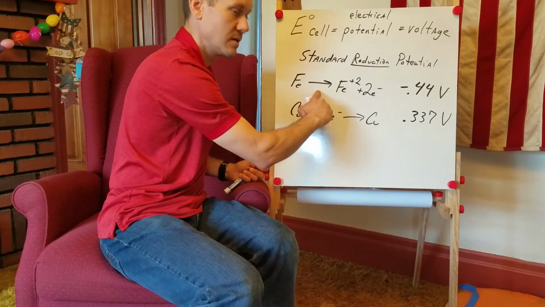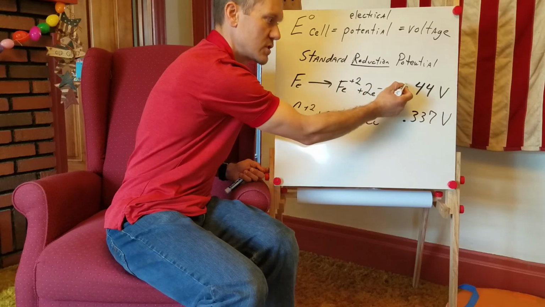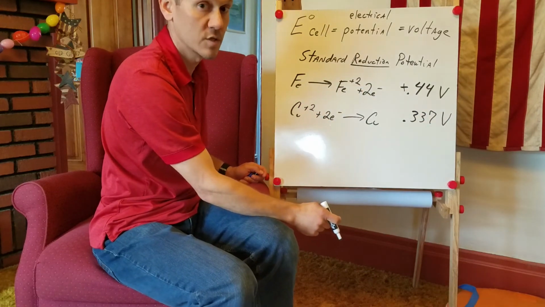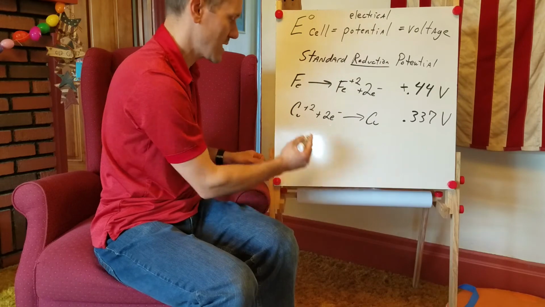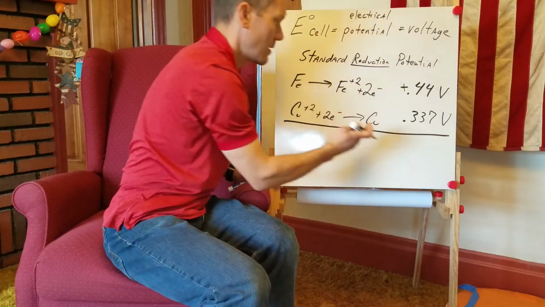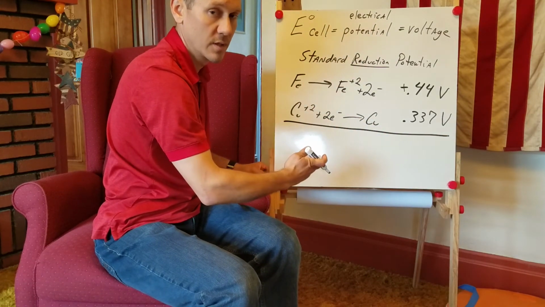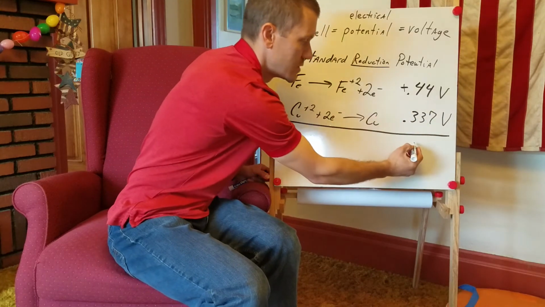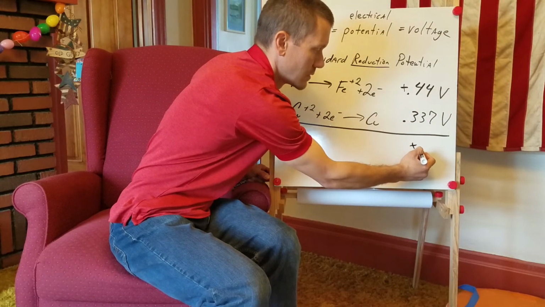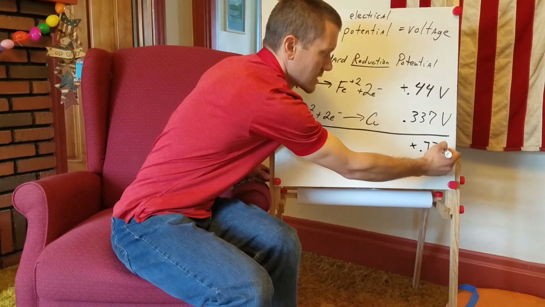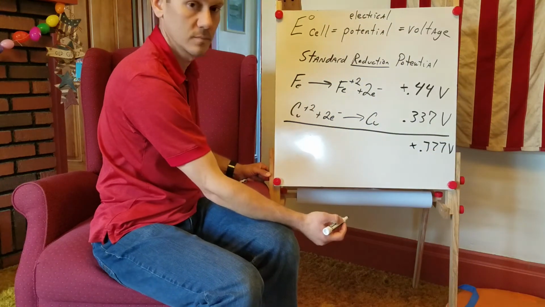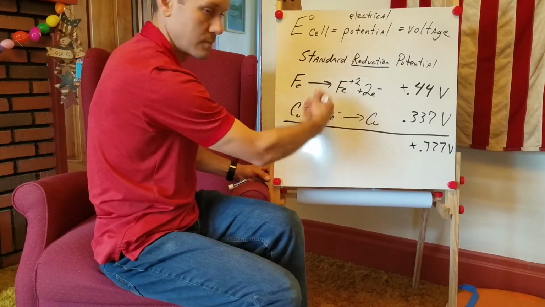Because I flipped this, I'm going to change the sign of my reduction potential. So the math is really easy. We just add them together. This overall reaction will have a voltage of positive 0.777 volts. Okay, we can sum it together then.